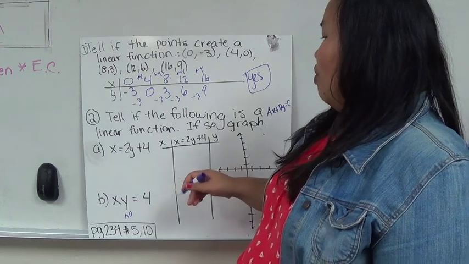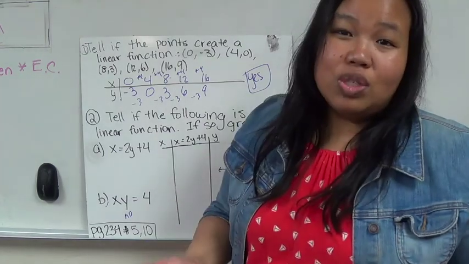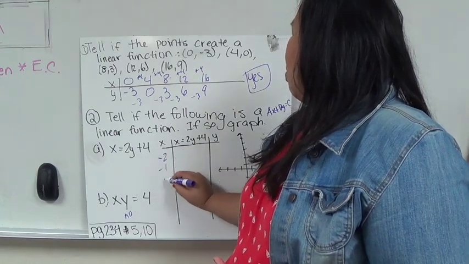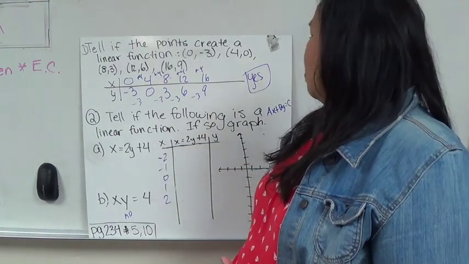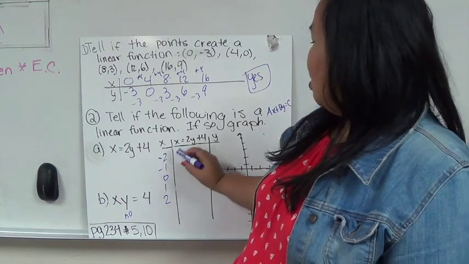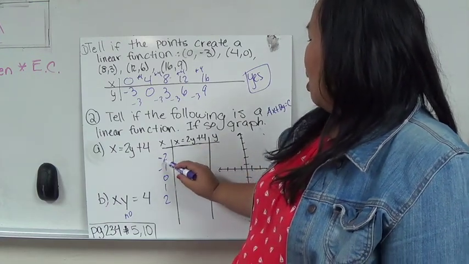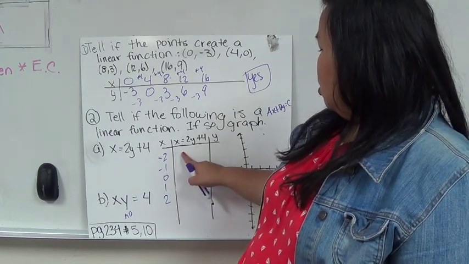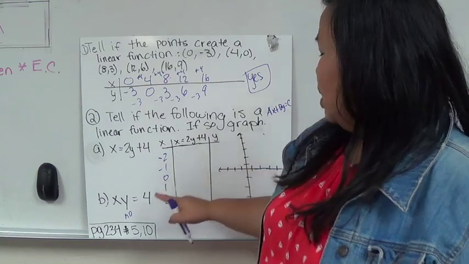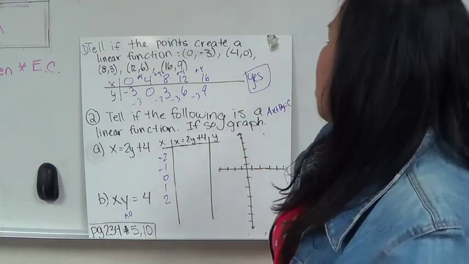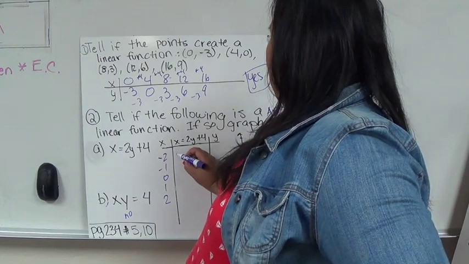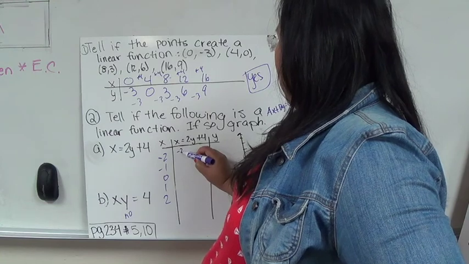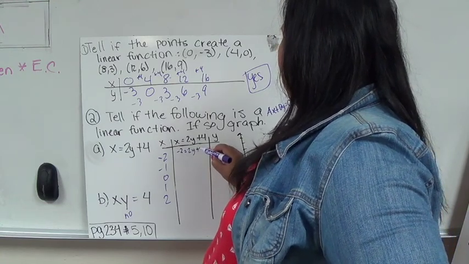In order to graph it, I have to come up with x's. You can choose. I usually stick to the same x's: -2, -1, 0, 1, and 2. Five is enough. I'm going to plug them in.